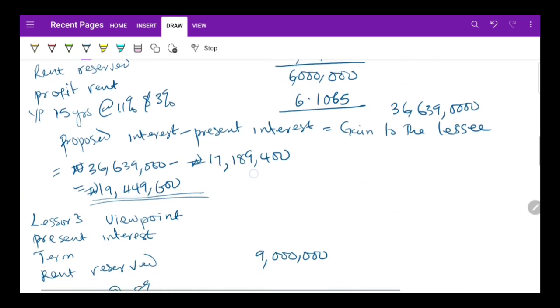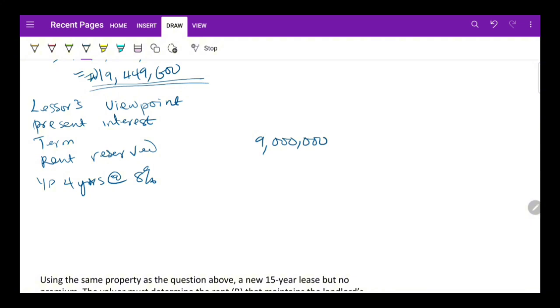So YP 4 years at 8%, and that is 3.2121. So we capitalize that, and it gives us 29,808,900.